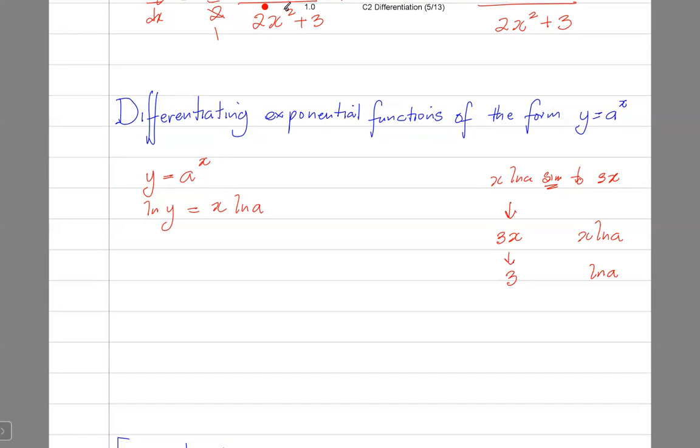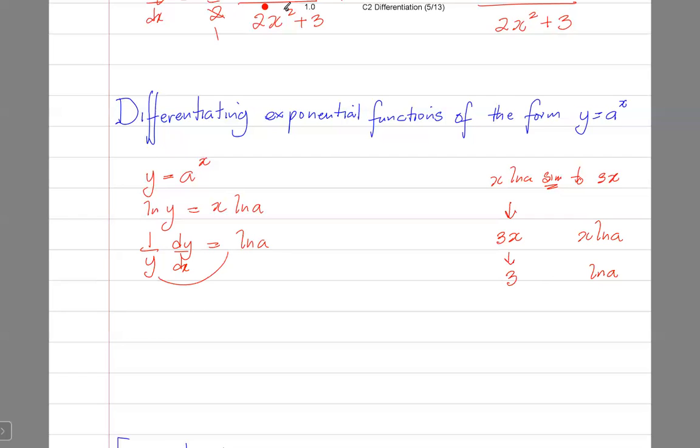So if I differentiate both sides with respect to x, differentiating ln y, I'm going to get 1 over y. Then I have to multiply that by the differential of the inside function. The inside function is y. So when I differentiate y, I'm going to get dy by dx is equal to ln a.